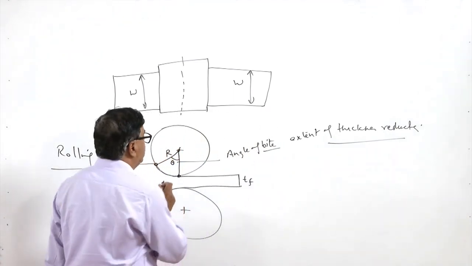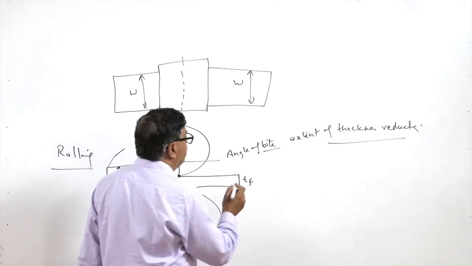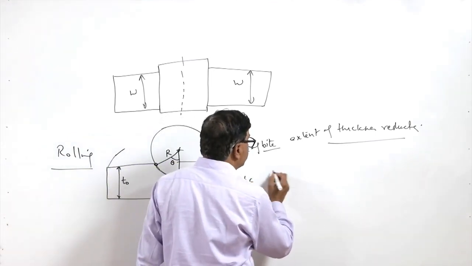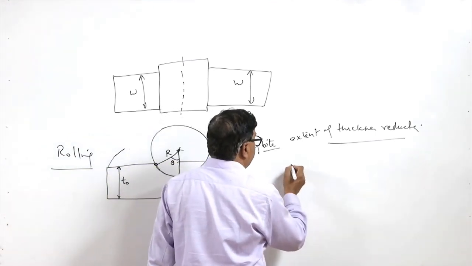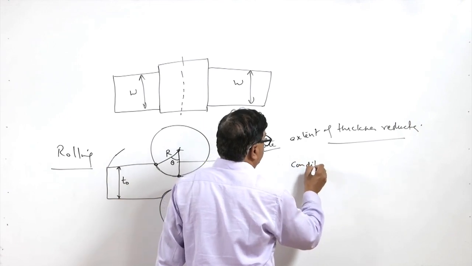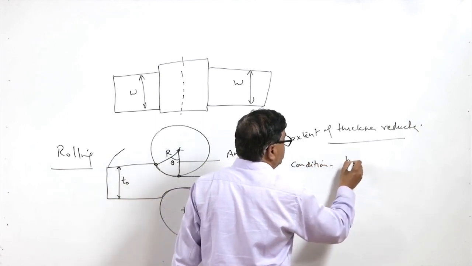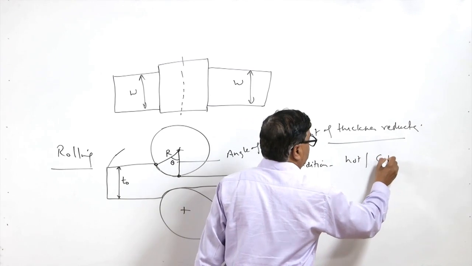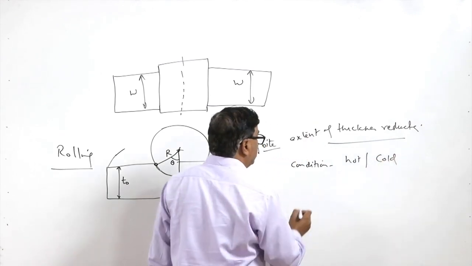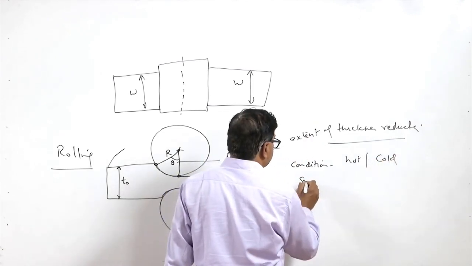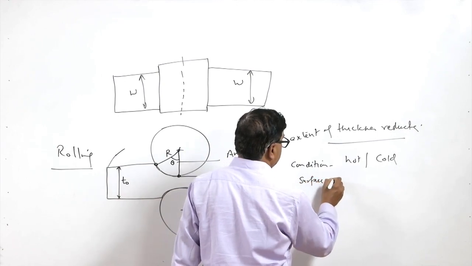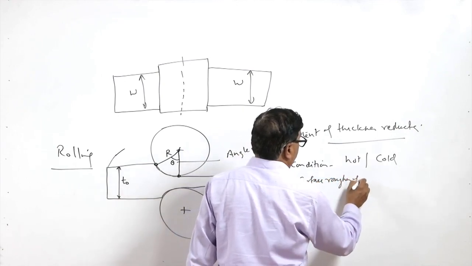This angle of bite also depends upon the condition in which the rolling is being carried out, meaning whether it is hot or cold, or the surface roughness of the rollers.